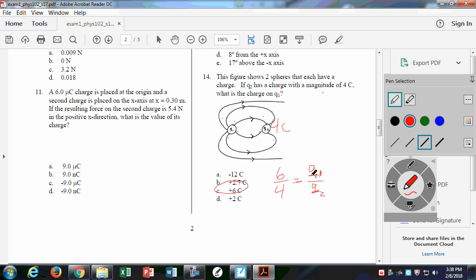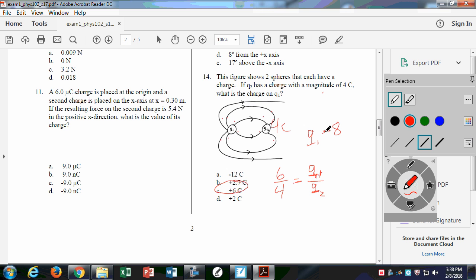But what if Q1 was not equal to 6? What if Q1 was equal to, I don't know, 8 or whatever? If Q1 was equal to 8, well, I got 8 coulombs, but 6 lines, right? It's not an integer value, but you use the ratio of the lines. The ratio of the field lines from charge to charge is equal to the ratio of the charges.